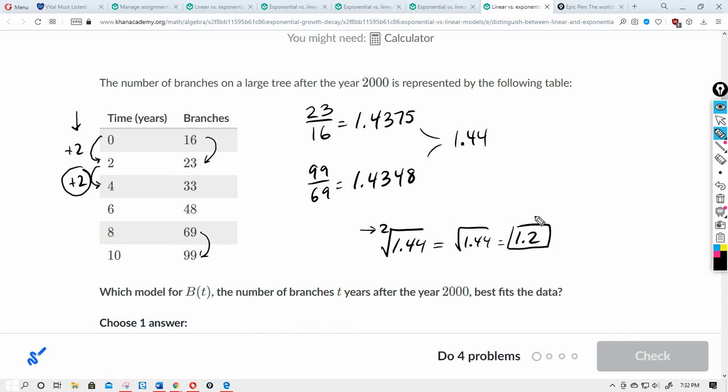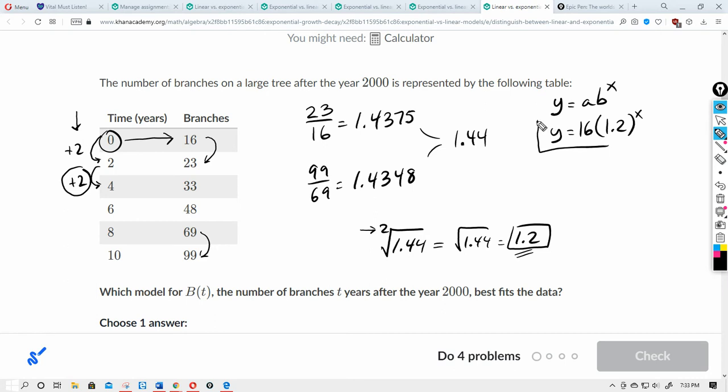Okay, so using our equation, y equals ab to the power of x, the initial value at time 0 was 16. So A is just going to be 16, and B is going to be 1.2 to the power of x.